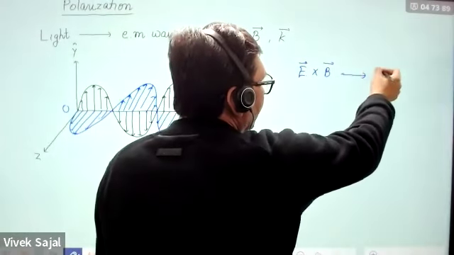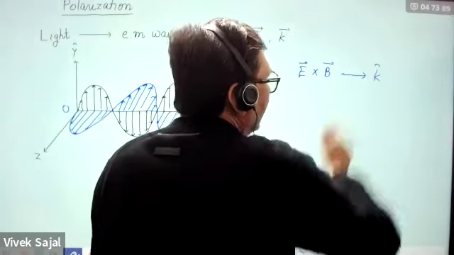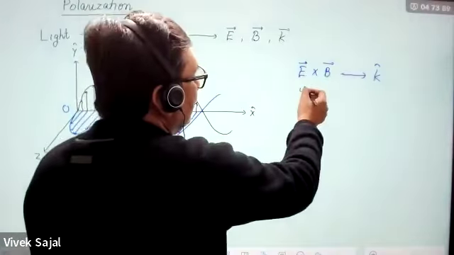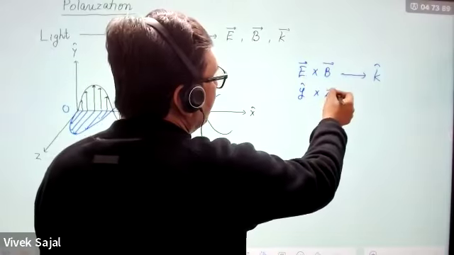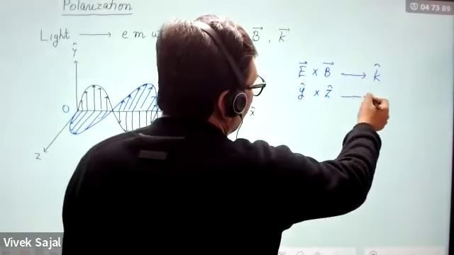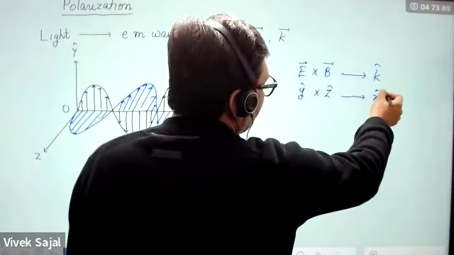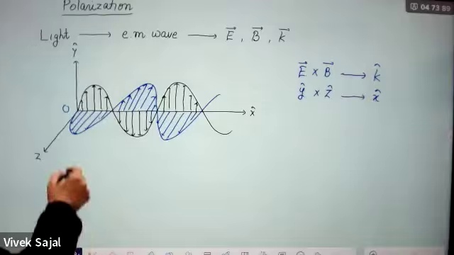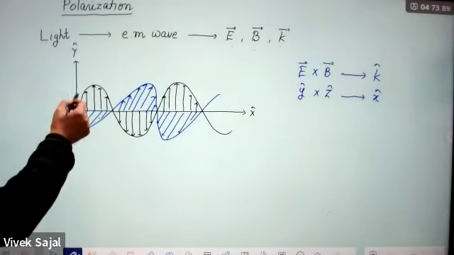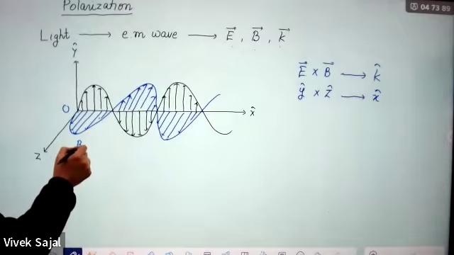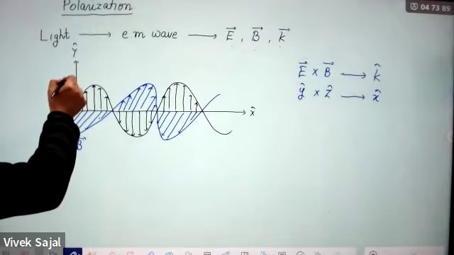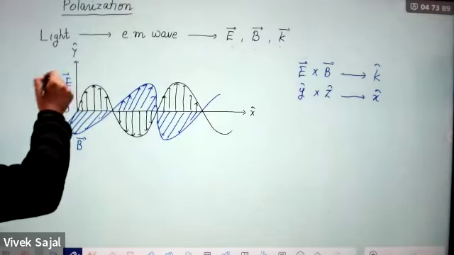Now, the E vector is in the Y cap direction, cross the B vector, which I'm assuming in the Z cap direction, so the K vector will be in the X cap direction. So the electric vector is in the Y direction, and the magnetic vector I'm choosing here, this is the B vector here, and here we are having the electric vector.